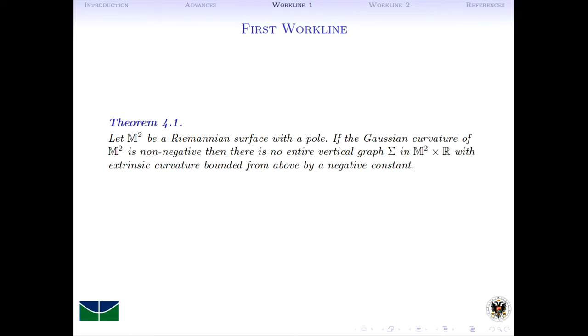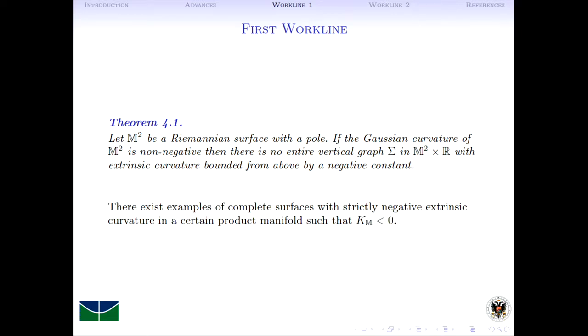And one can wonder what happens when the curvature of the base is negative. Well, in that case, one can construct examples of surfaces satisfying the Efimov conditions and isometrically immersed in those product spaces, where M2 is a negatively curved Riemannian surface.